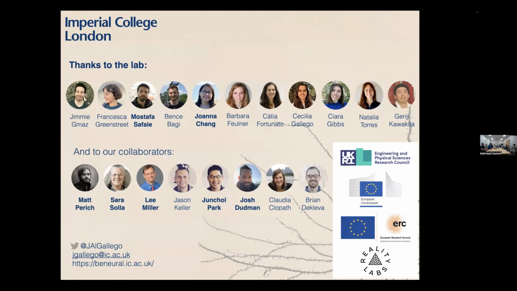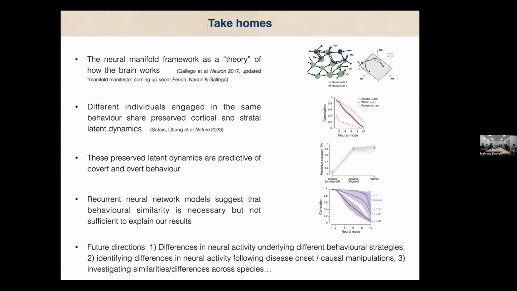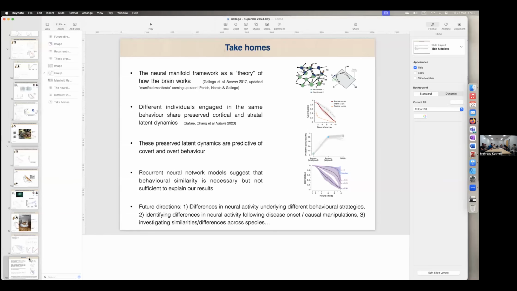Questions? I can ask one question. So thank you for the presentation. I have a question: the first PCs have the highest correlation between animals. You analyzed how well the overall neural activity can explain the behavior, but do we see the same trend for the ability of each of these PCs individually to predict the behavior?